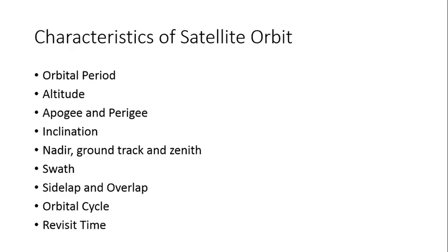What is a revisit period? The revisit period is the time elapsed between two successive views of the same area by a satellite. Using a steerable sensor or a spaceborne instrument, you can view off-nadir areas before and after the orbit passes over a target.